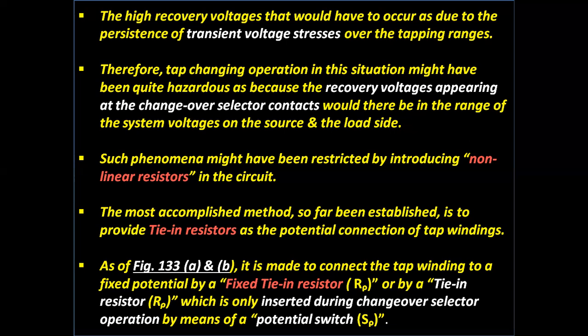As in figure 133A and B, the tap winding is connected to a fixed potential by fixed tie resistors RP, or by a tie-in resistor RP, which is only inserted during changeover selector operation by means of a potential switch SP.